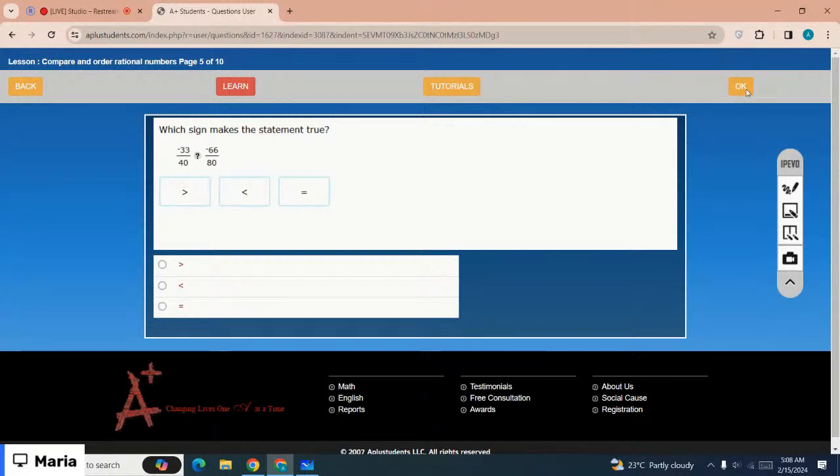Which sign makes the statement true? Negative 33 over 40 and negative 66 over 80. So which is the correct option?